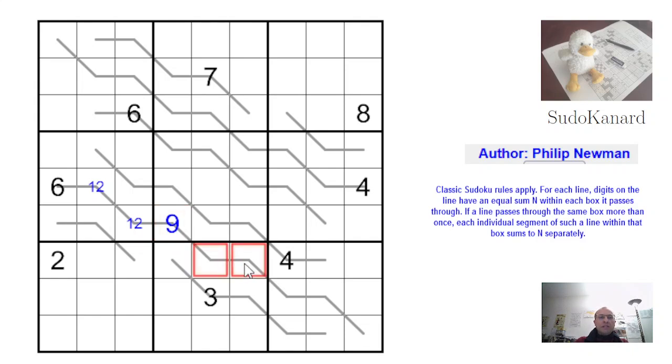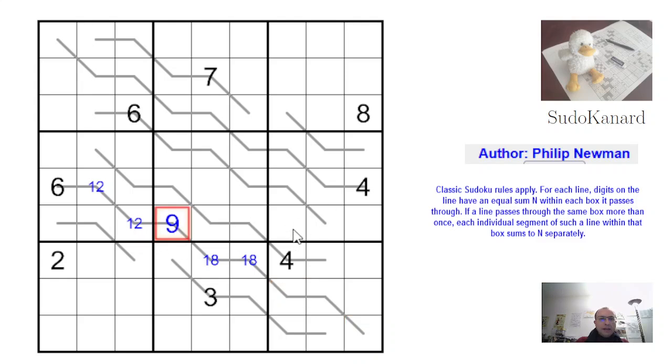And 9 is also the sum of those two digits without using 2, 3, or 4, so they must be 1 and 8. And 9 must also be the sum of those three digits without using the 4. They can still be 1, 2, 6 or 1, 3, 5. But if I recall correctly, this will be disambiguated pretty late in the solve.